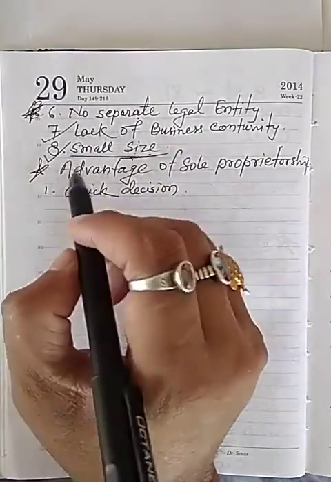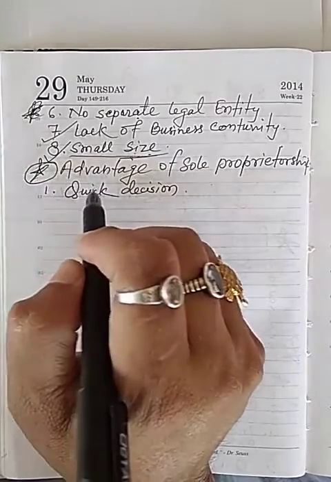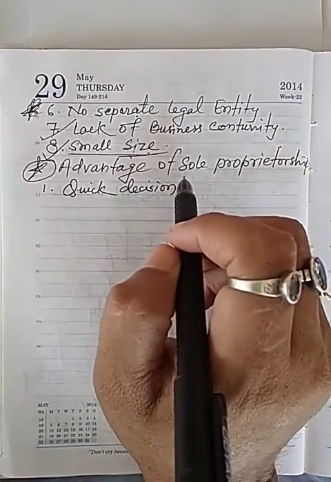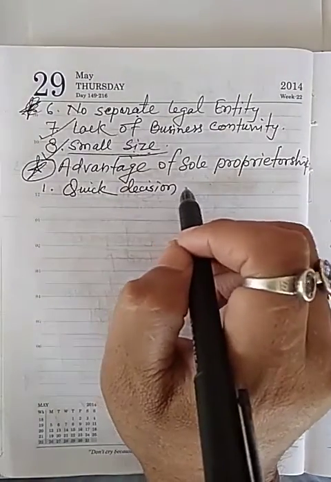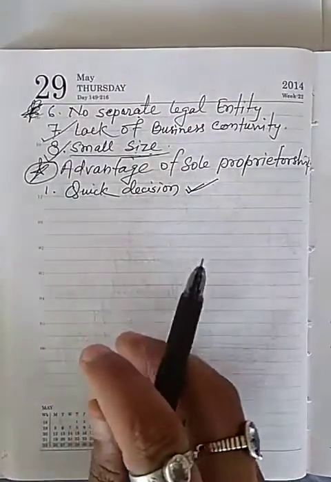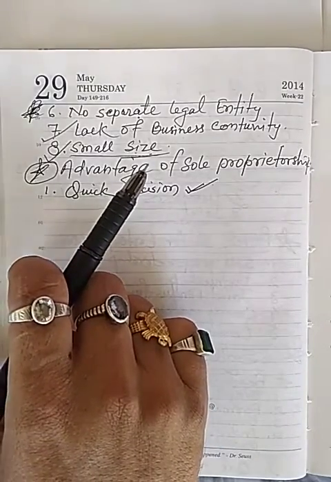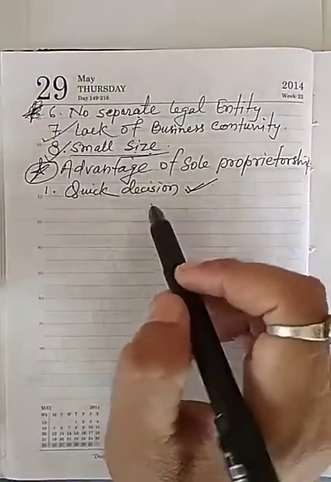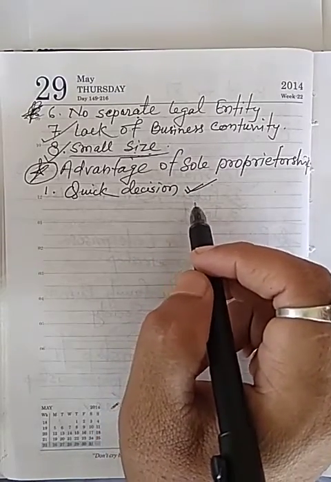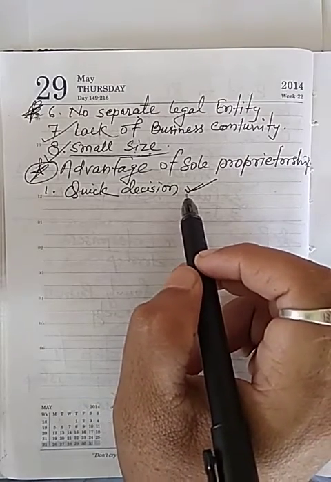Now, I am going to explain the advantages of sole proprietorship. First advantage of sole proprietorship is quick decision. In a sole proprietorship firm, all the decisions are taken by the proprietor himself.